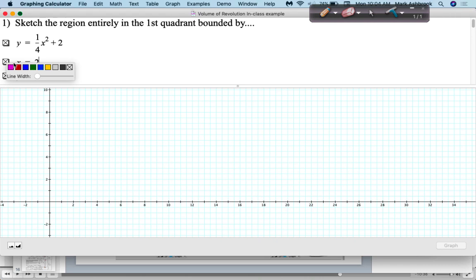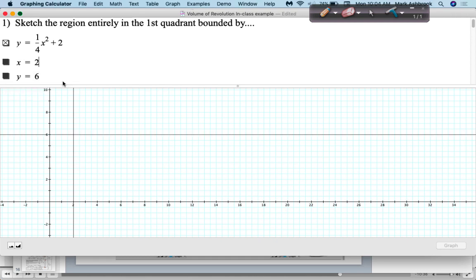Vertical line. Vertical line at x equals 2. What about y equals 6? What's that like? Okay, and what about 1/4 x squared plus 2? It's a parabola. The minimum is at y equals 2. Okay. Parabola with minimum y equals 2. Very good.